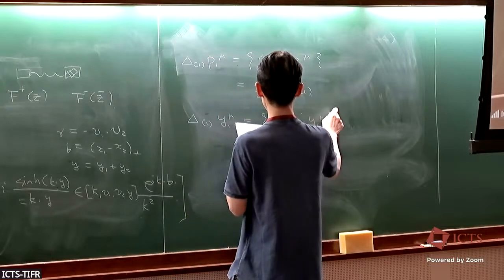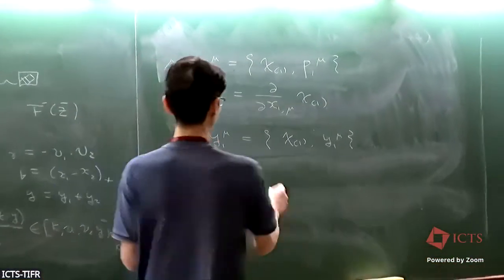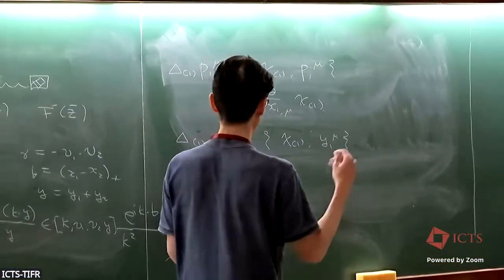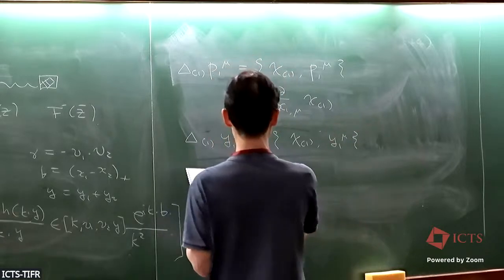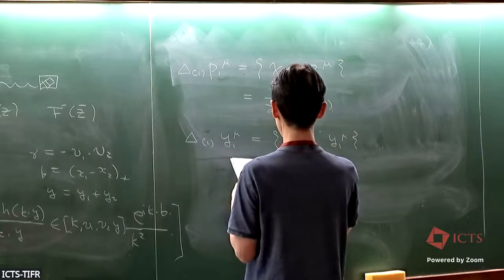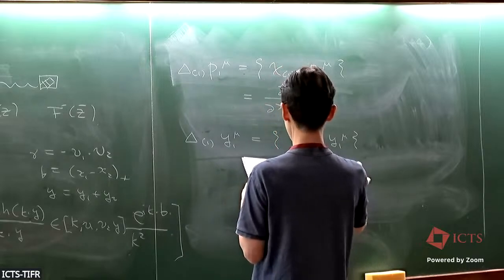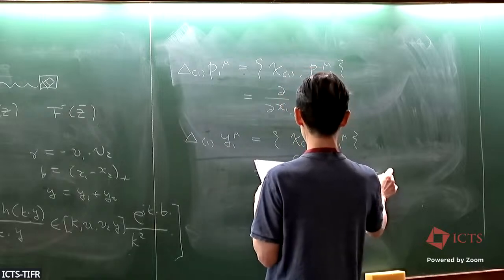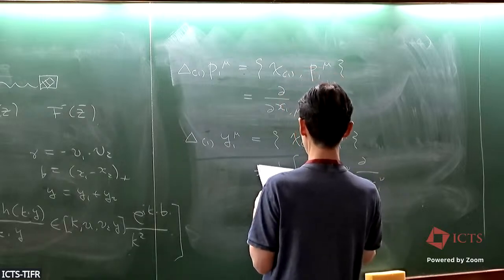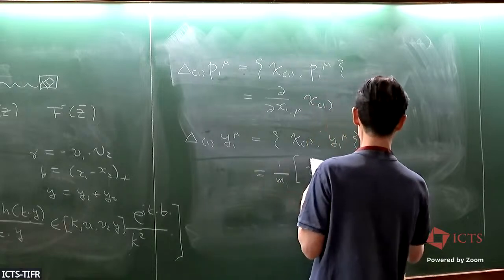For the spin variables, again, this expression is universal, but since the Poisson bracket or the Dirac bracket is slightly more involved, you end up doing a computation with the formula written like this.